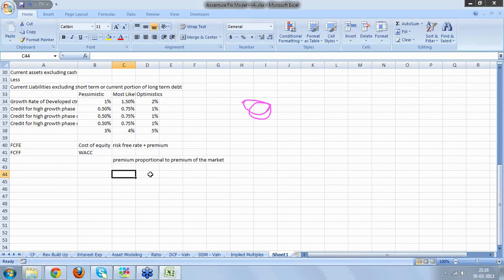If I'm sitting in year number 5, it's nothing but cash flow number 6, so this becomes CF5 into (1 plus G) divided by (1 plus R).